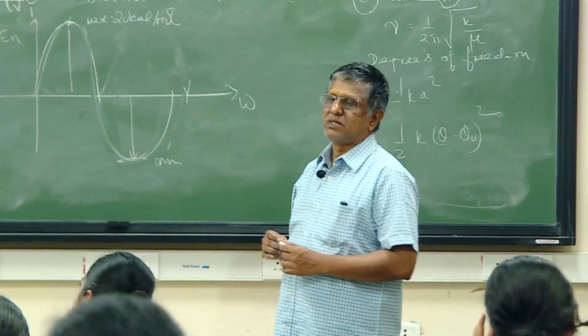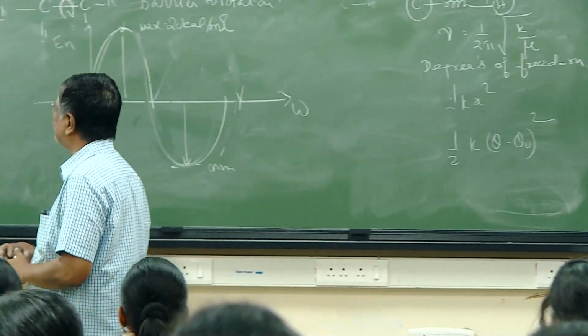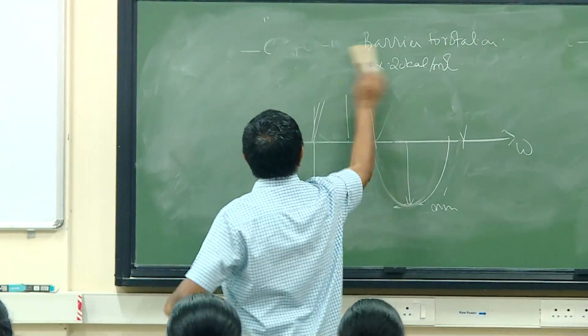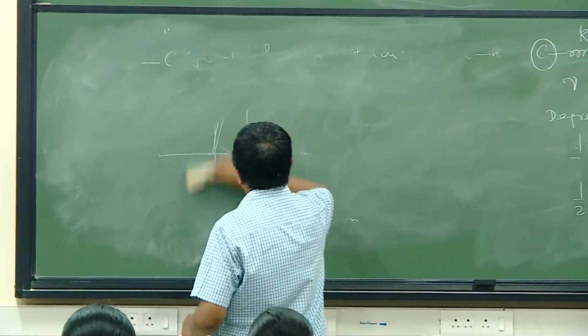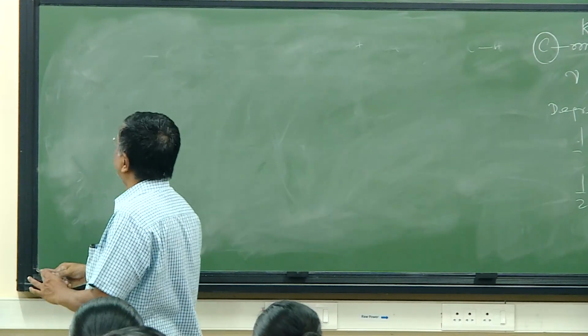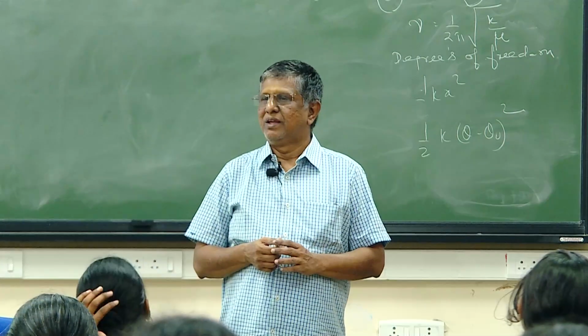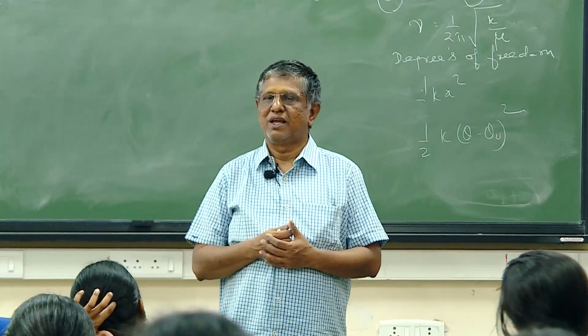Now this van der Waals interaction, you are all already familiar with, right? PV equal to RT. What are the assumptions?